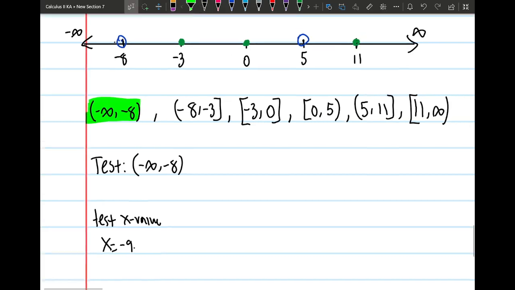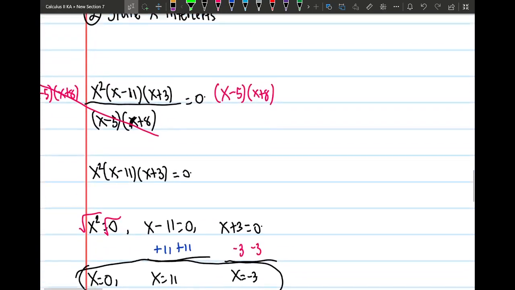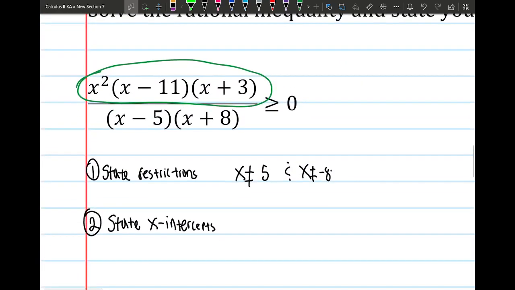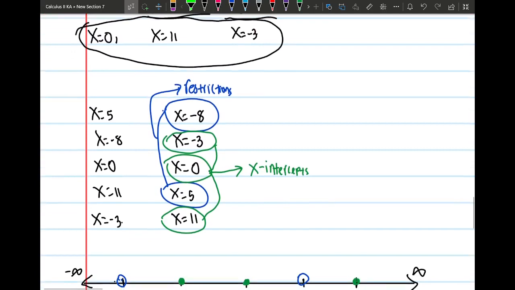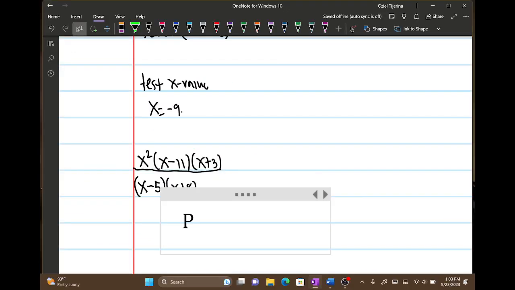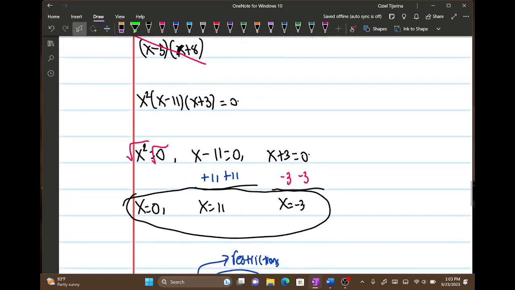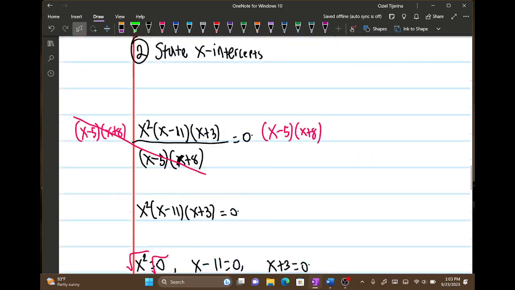And when we do that, let's grab our inequality here. This is our original inequality. Let me go ahead and rewrite it here. Okay, and we want to know where it's greater than or equal to 0.